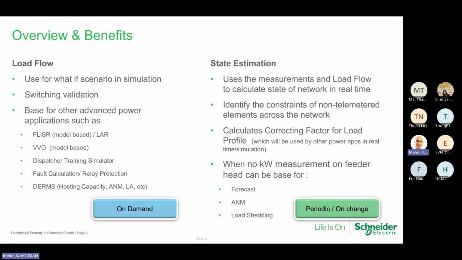So load flow is, generally you have some loads or generation on the network, and based on some other data on the system, the algorithm runs and provides results like current, kilowatt, kilovar, phase angle for all the network.